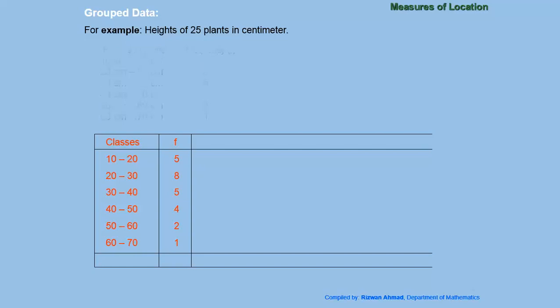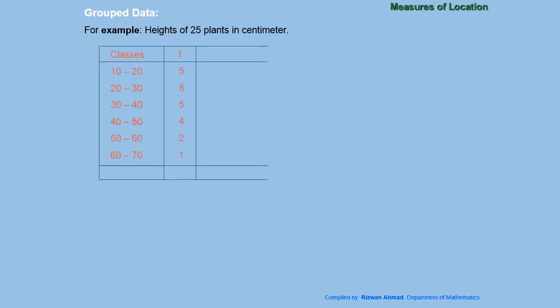To find the mean, we need to extend this table with two more columns. The first column will be the mid values. Mid value in statistics language we call the class mark, x.